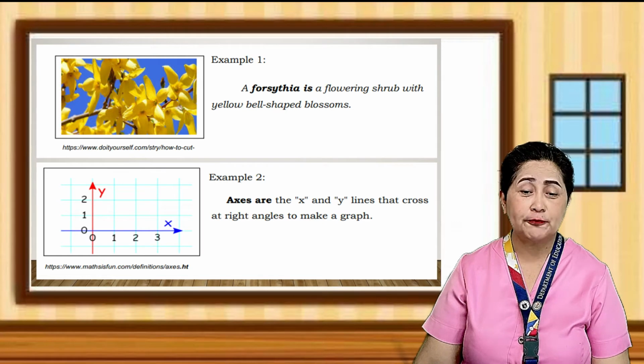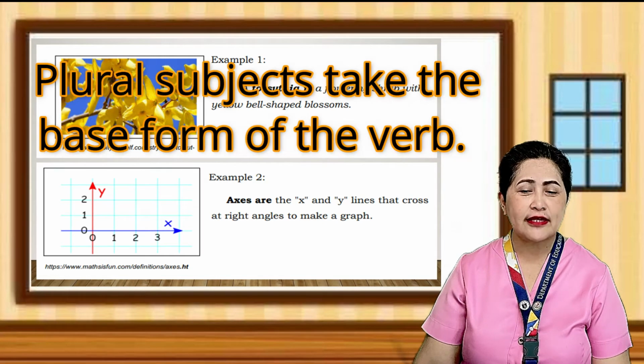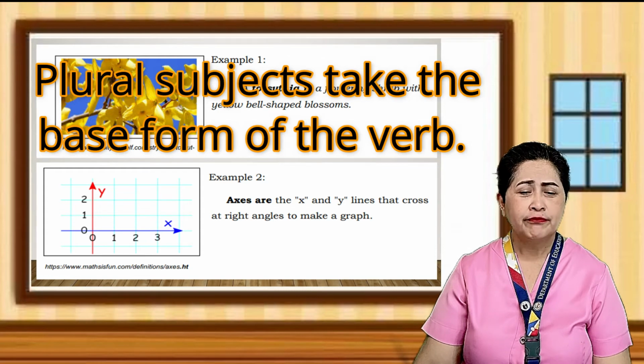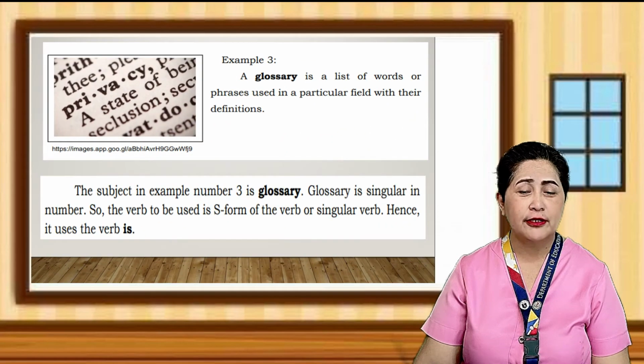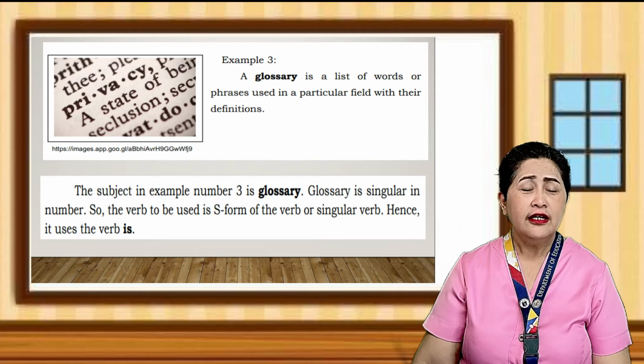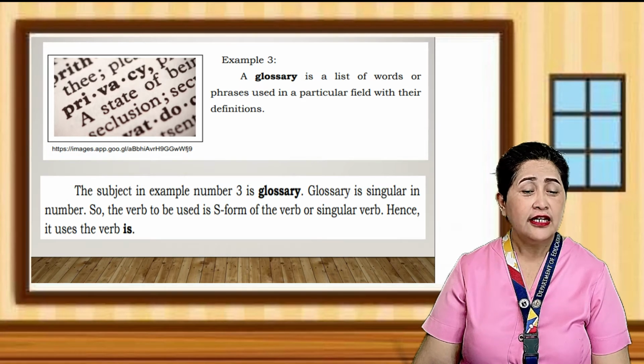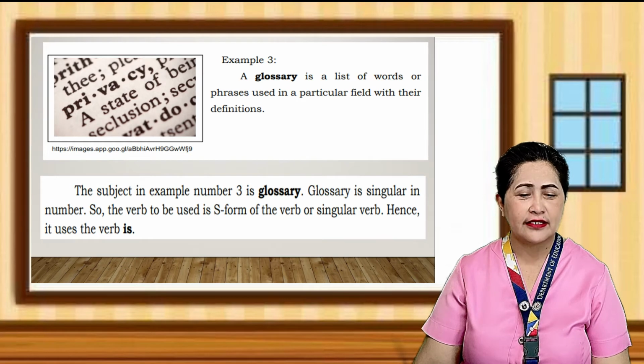According to the general principle, plural subjects take the base form of the verb. Hence, the verb used is base form of the verb, which is are. The subject in example number 3 is glossary. Glossary is singular in number. So the verb to be used is S form of the verb or singular verb. Hence, it uses the verb is.